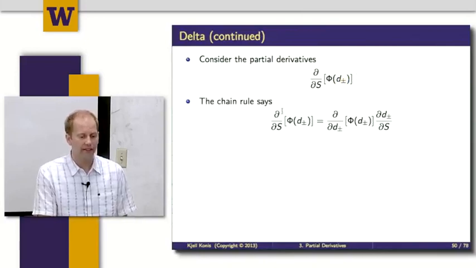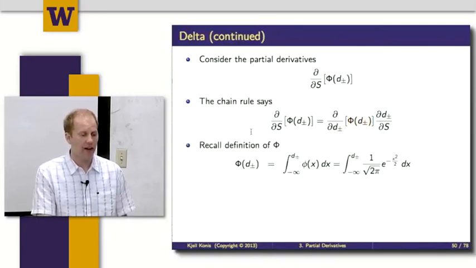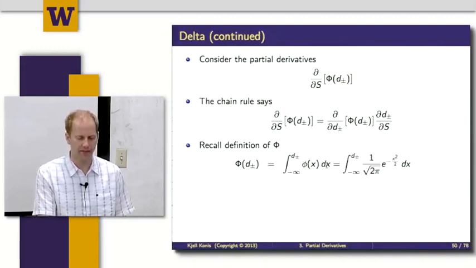The chain rule says that if I want to take the derivative of capital phi of d plus with respect to S, that's going to be equal to the derivative with respect to its argument, d plus or minus, of capital phi of d plus or minus, times the partial derivative of d with respect to S. Now remember, the definition of capital phi was that we were integrating from minus infinity up to d of this function lowercase phi of x dx.